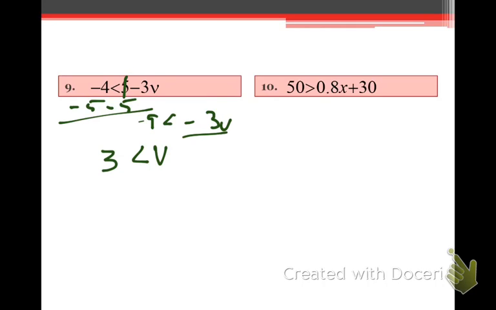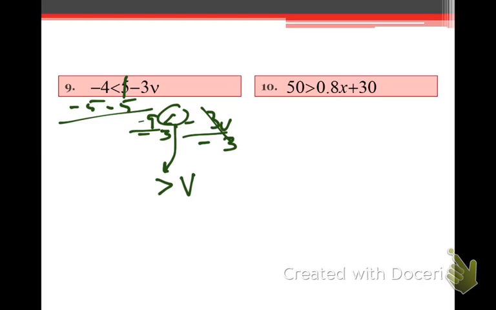Then we got to divide by negative 3. And so v is less than. Make sure you flip that sign because you divide by that negative. Don't forget to flip that sign. So it should be less than. So be careful there.